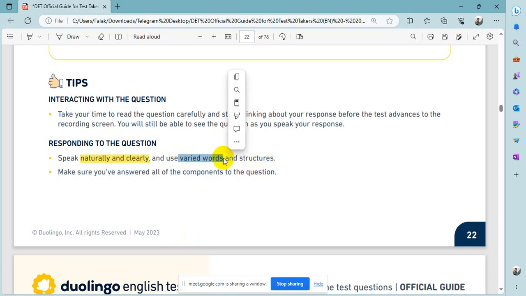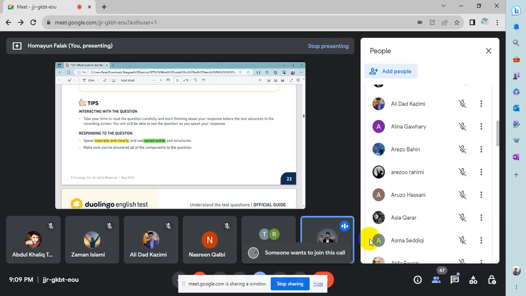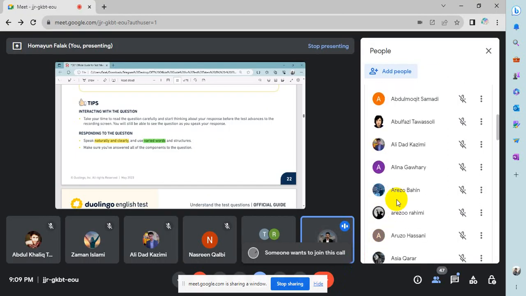So what do they mean by varied words? When they say varied words, it means that they want you to use academic vocabulary. Don't use just very small or very simple vocabulary, very childish vocabulary. No, just try to use a little bit more advanced vocabulary and try to understand where to use it, okay?